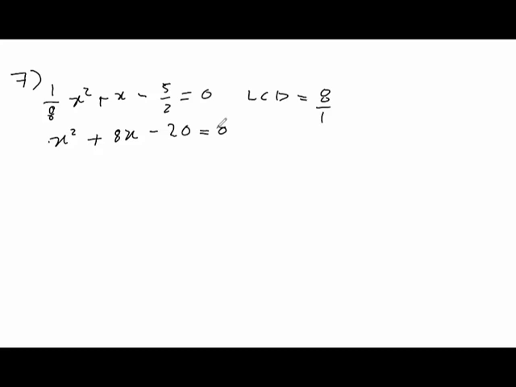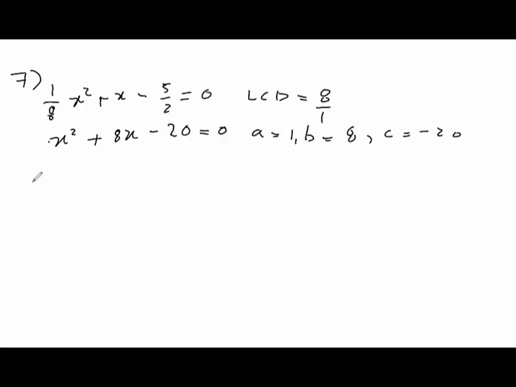So now we have it in our proper form, and now we can designate A is equal to 1, B is equal to 8, C is equal to negative 20.